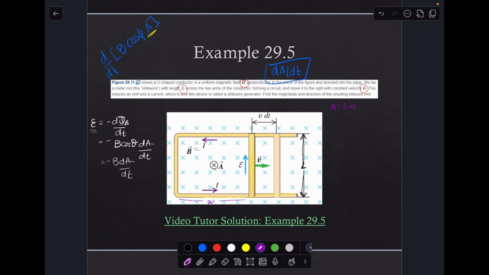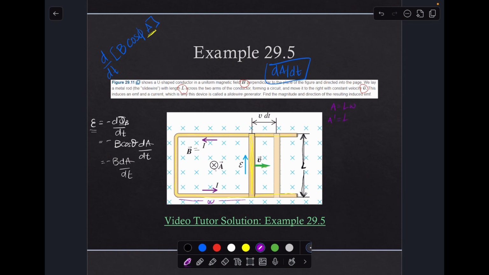The area, after we start moving the bar to the right, is going to increase in its width, right? So let's call A prime the area after moving the bar.